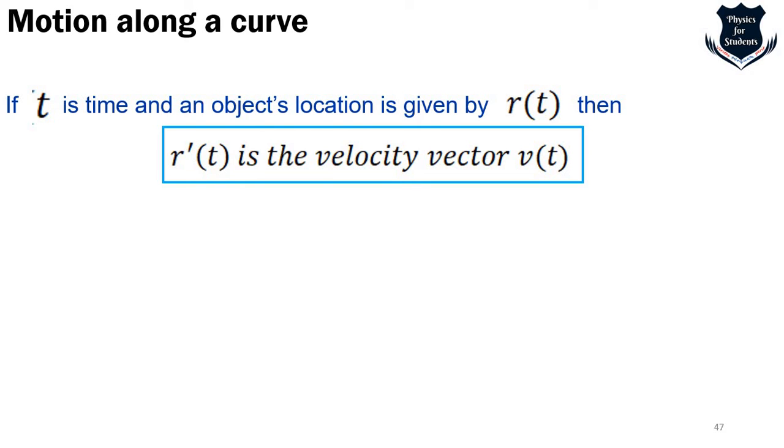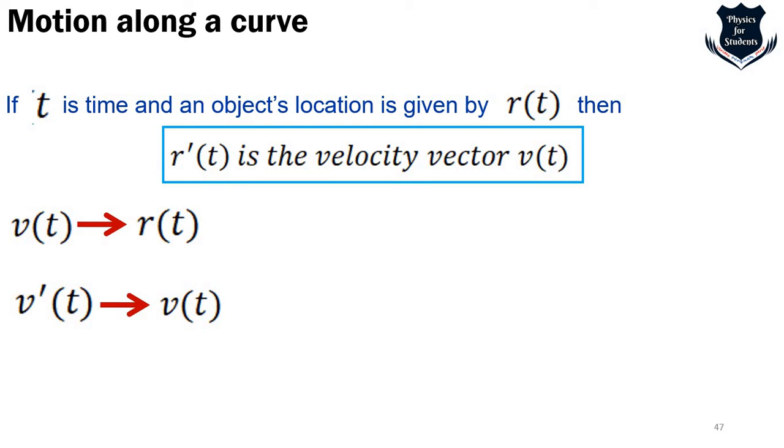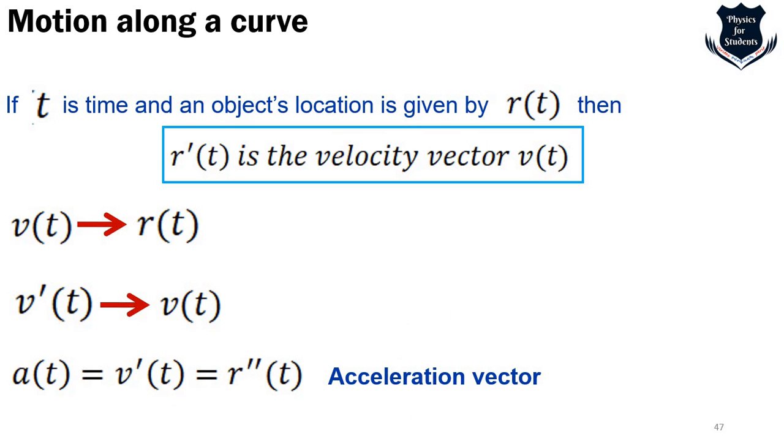Just as v(t) is a vector which describes how r(t) changes, v'(t) also is a vector which describes how v(t) changes, which means this one is an acceleration vector. So this is how we are defining motion along a curve.